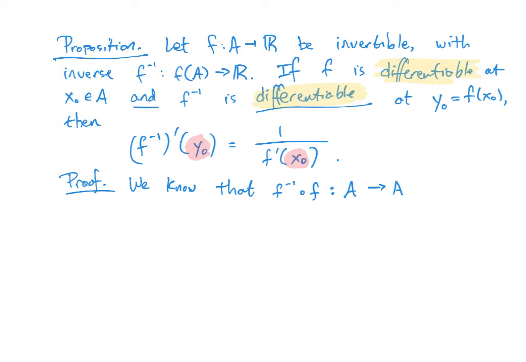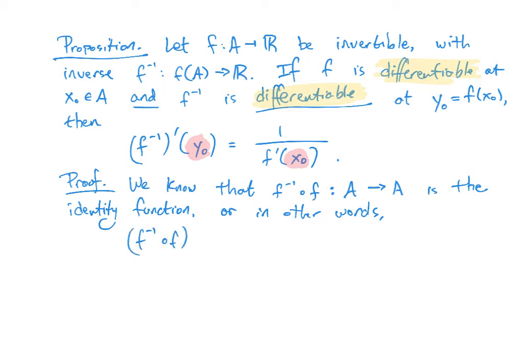So this thing is the identity function. And what I mean by the identity function is just that f inverse composed with f at any point x gives you x back.